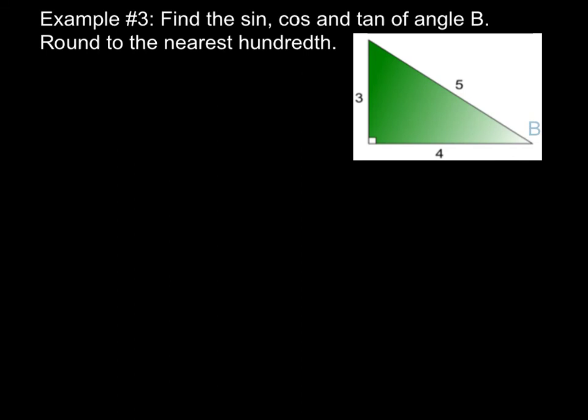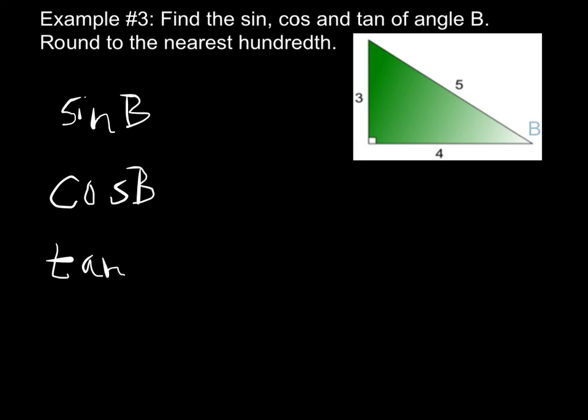Let's try one last example. Again, maybe you should pause this and try on your own, but let's try to find the sine, the cosine, and tangent of angle B. So the sine of angle B would be opposite, which is 3, over the hypotenuse, which is 5, and 3/5 is actually exactly 0.6.